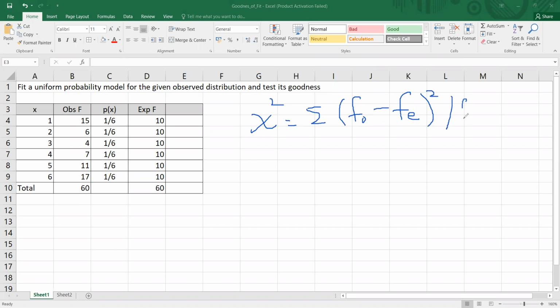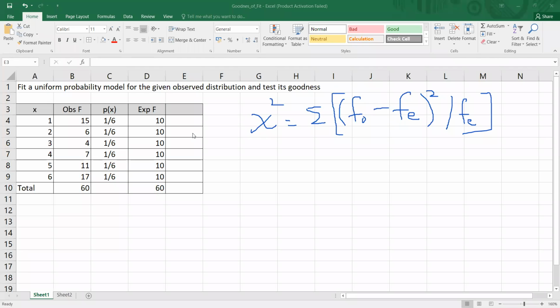As I told you earlier, the summation applies to the whole ratio, not only the numerator. So this formula can be computed with the help of an Excel column.